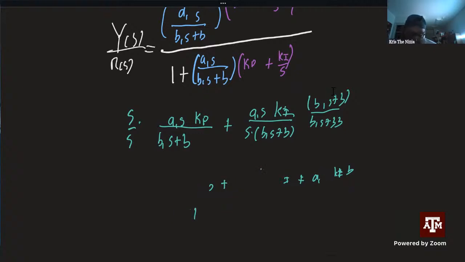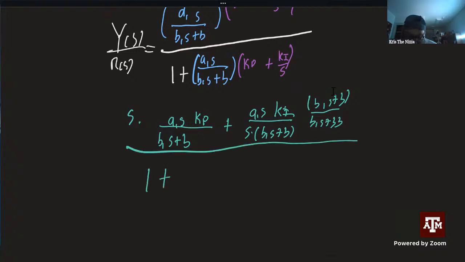I forgot the entire bottom half of the equation. This is s times that, and then this is all multiplied by 1 plus A1 s over B1 s plus B times KP plus KI over s. And this is multiplied by s.